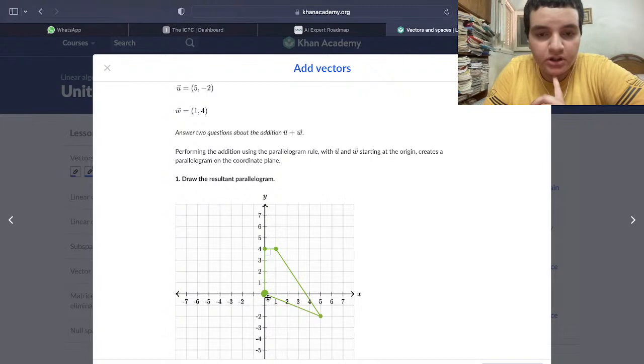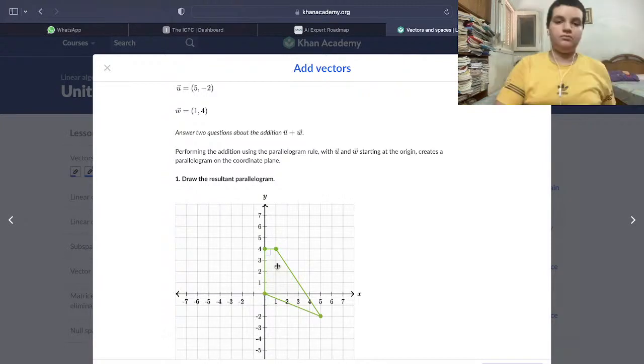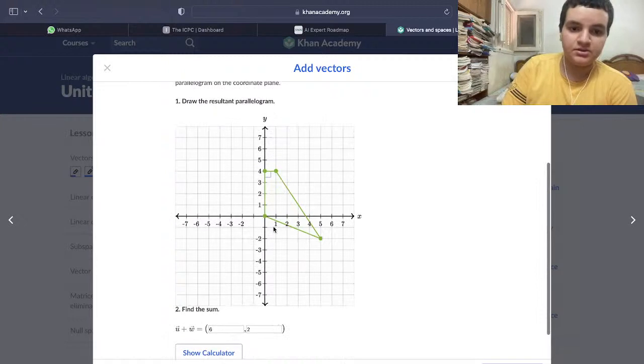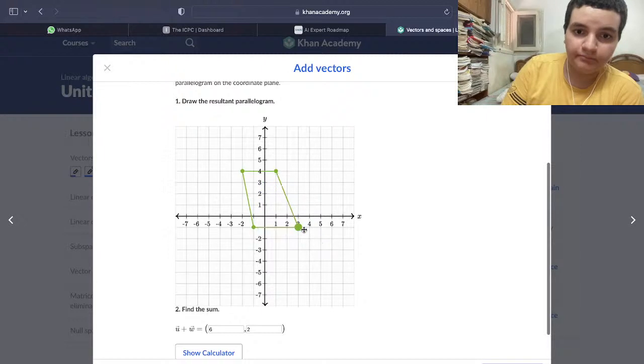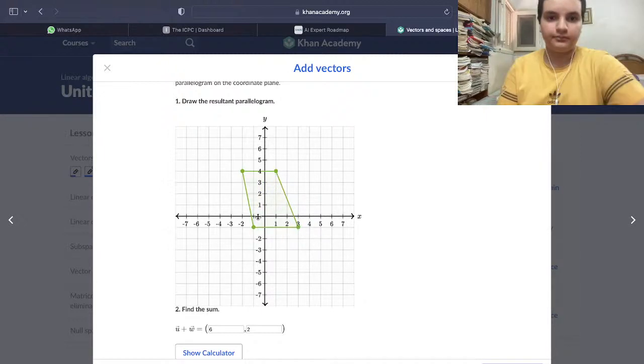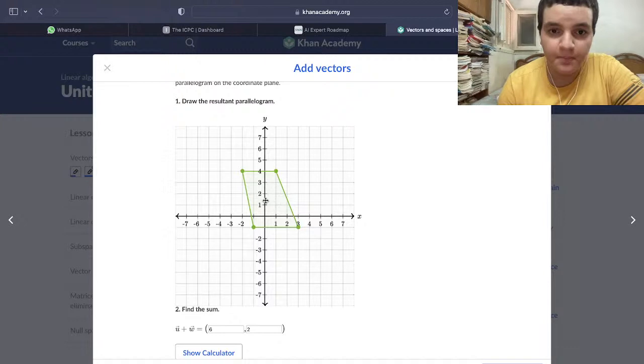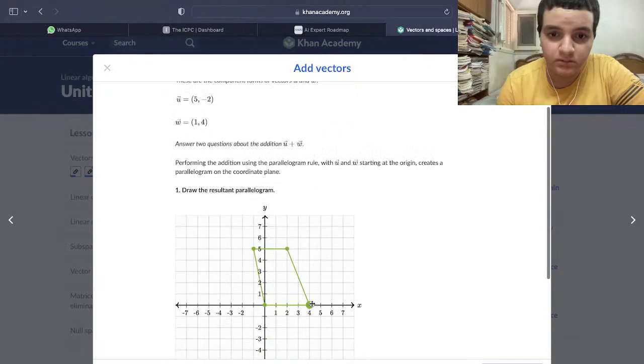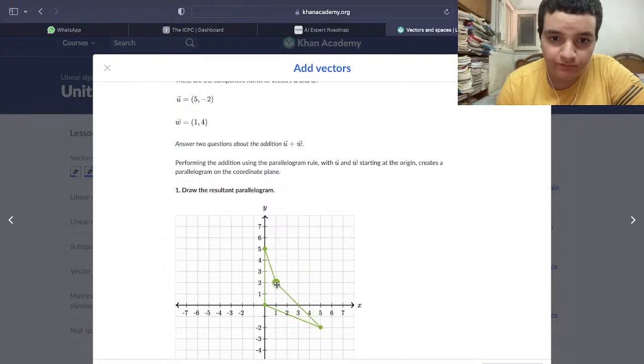So pretty much we want, let's set this again. So we want 5 and negative 2, 5 and negative 2, 1 and 4, 1 and 4.